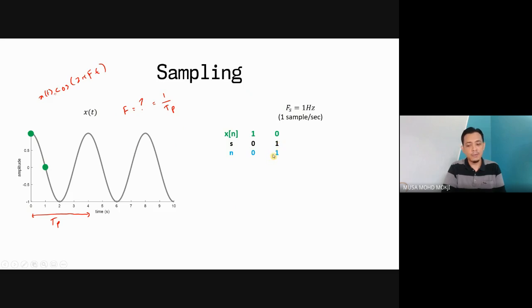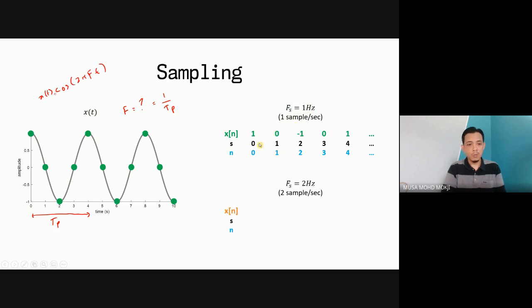The value is 0, and the index is 1, because we start indexing at 0. Then the next sample is at 2 seconds, then 3 seconds, then 4 seconds, and the rest. Okay, so that's how we do sampling when the sampling frequency equals 1 Hz.